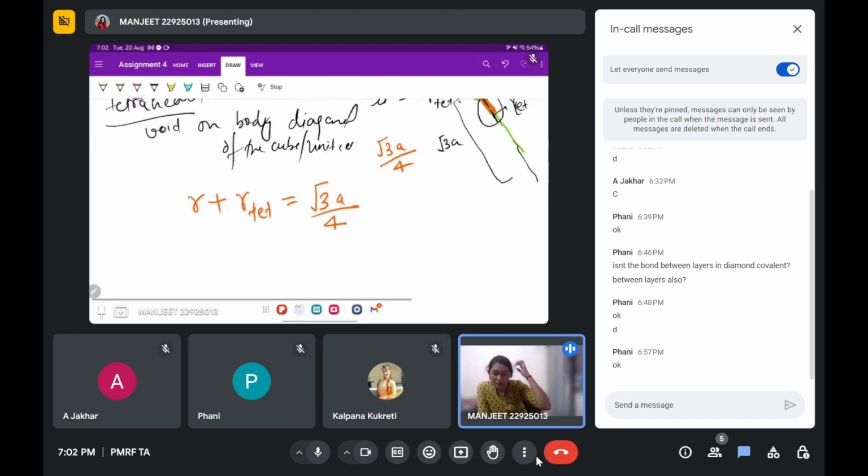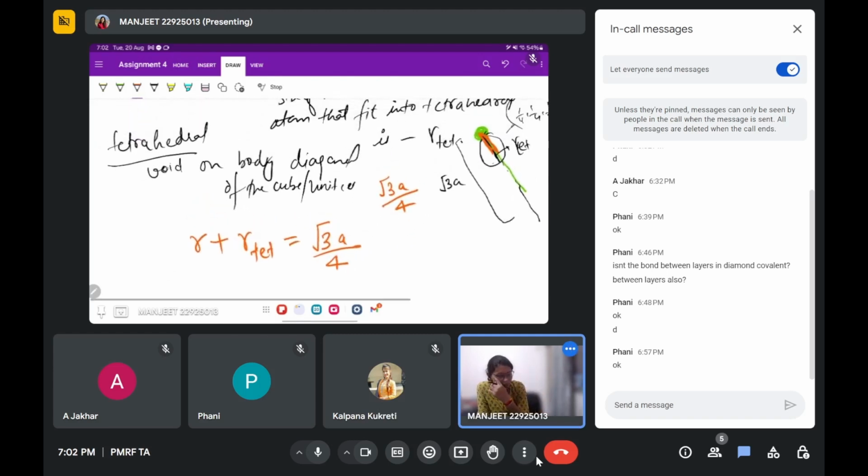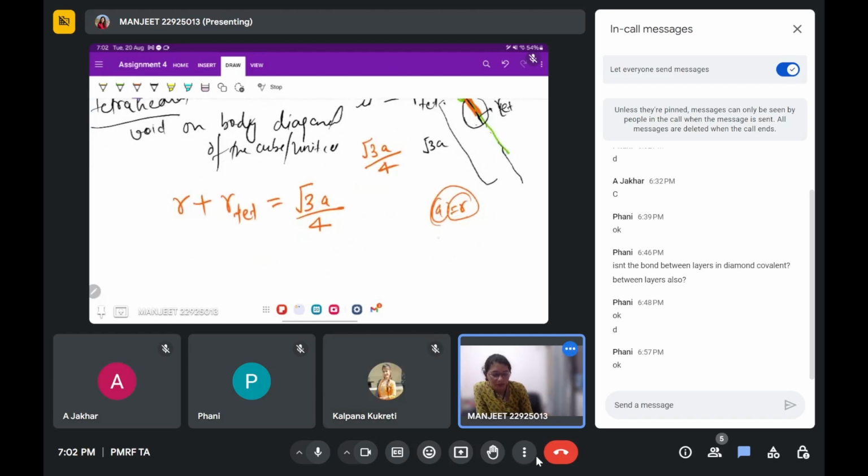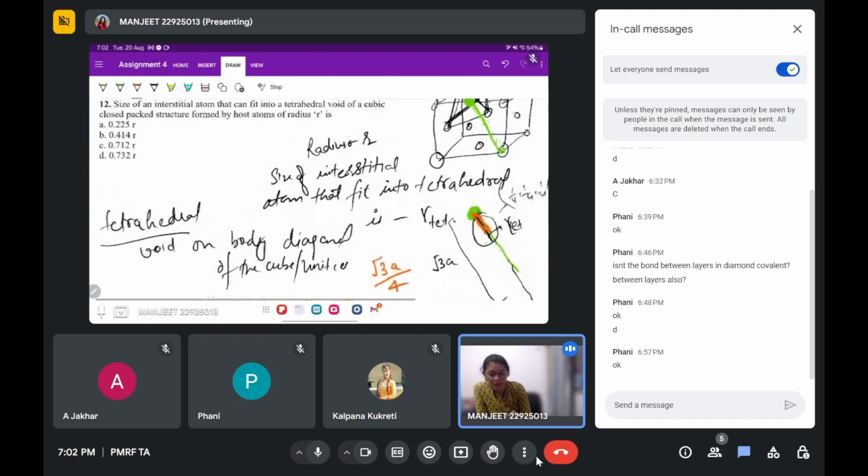Okay. Now, because this is the FCC one, we know the relation between a and R for FCC. The face diagonal, 4R, is equal to root 2 a. Now we have to find, in terms of R, the size of the interstitial atom.